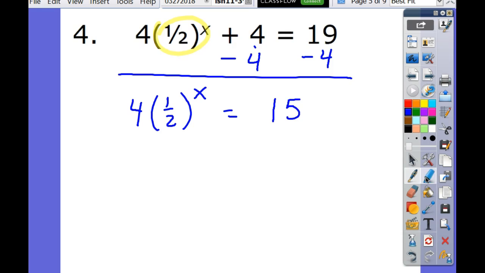I need to isolate the base. So what are you going to do with that 4? The opposite of multiply is divide.